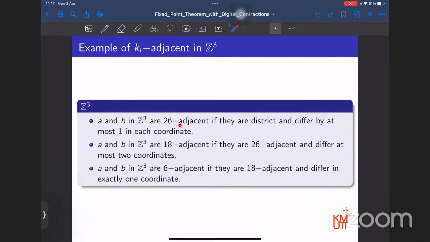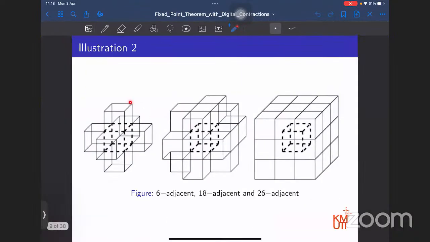You can see this differs by at most 1 in 3 coordinates, this differs in at most 2 coordinates, and this differs in 1 coordinate. It is like you can take steps: in Z cubed it has 3 steps, and in Z squared it has 2 steps. Okay, and this is an illustration. This is 26-adjacent, where the box is adjacent to the middle, or the center, and 18-adjacent and 6-adjacent.